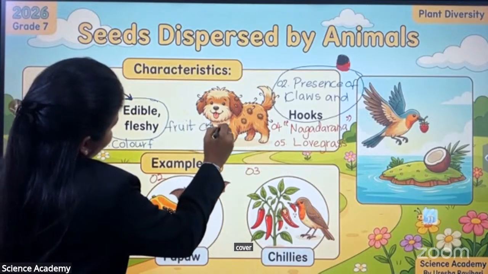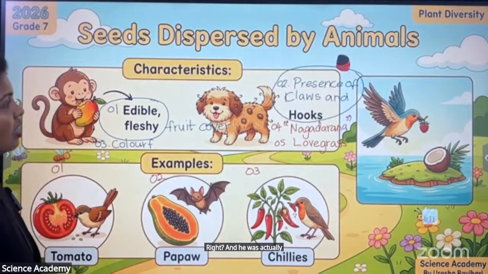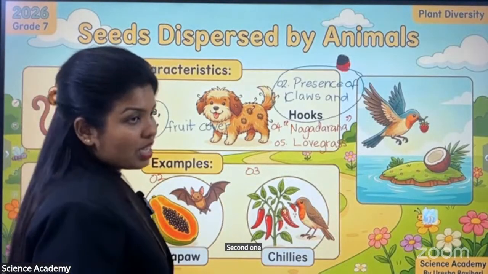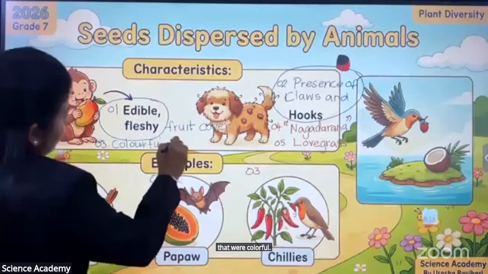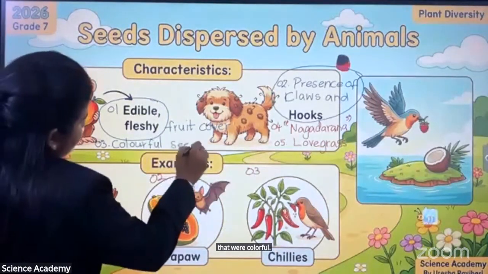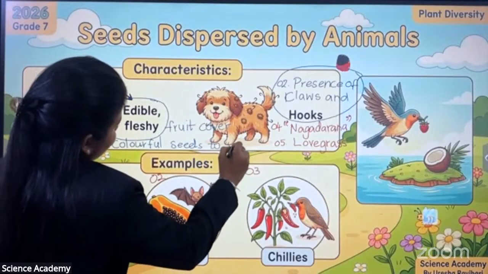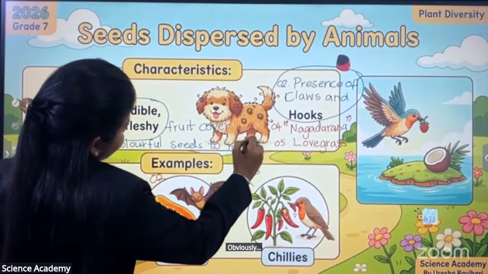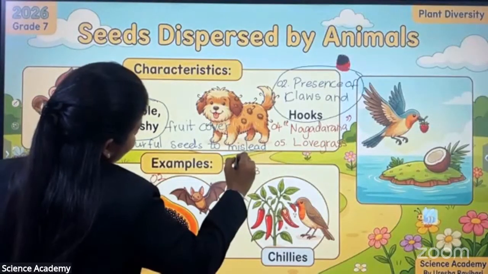Like that you can write. Second one, presence of claws and hooks. Third one, colorful seeds to mislead animals.